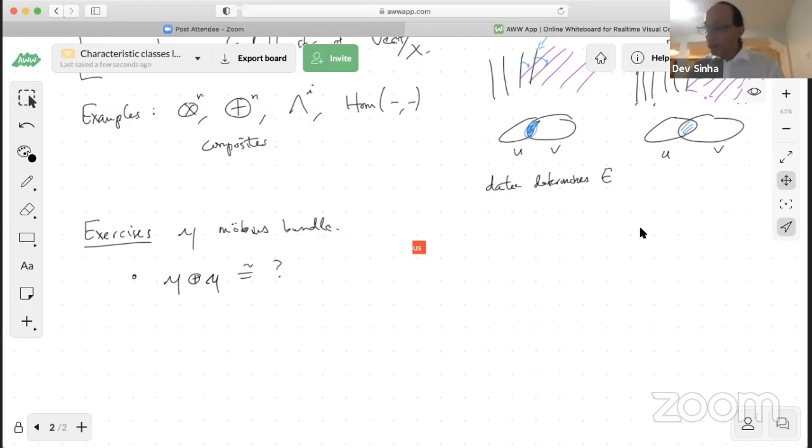And then how about mu tensor mu? Same question. Can you find that? Now there are 2 line bundles that we can think of. It could be isomorphic to mu, or it could be isomorphic to the trivial bundle, sometimes called tau. Those are 2 possibilities, or neither. So I'll leave it open-ended.